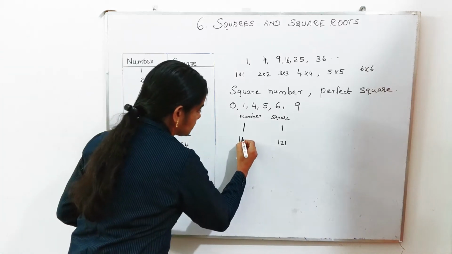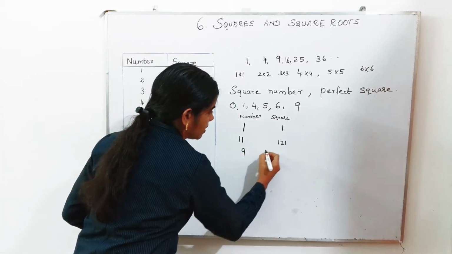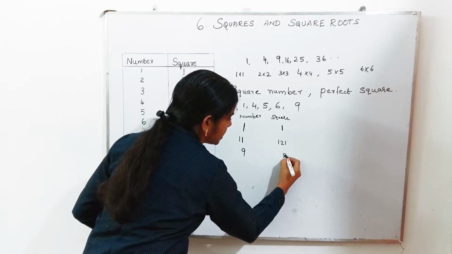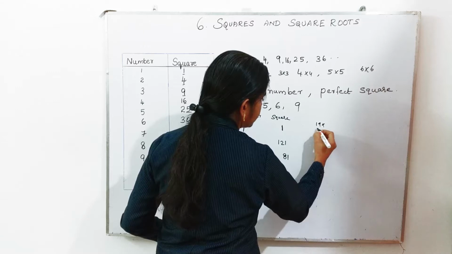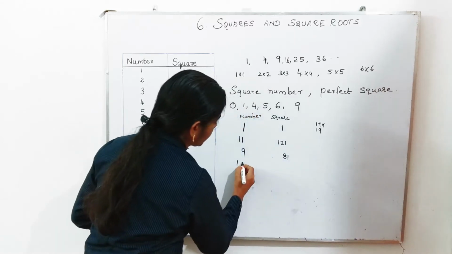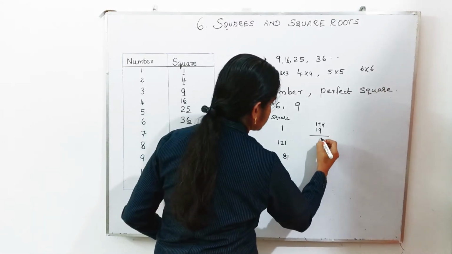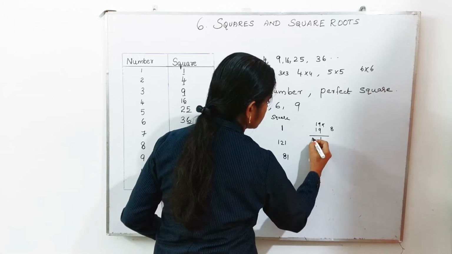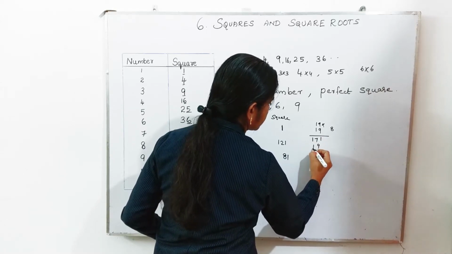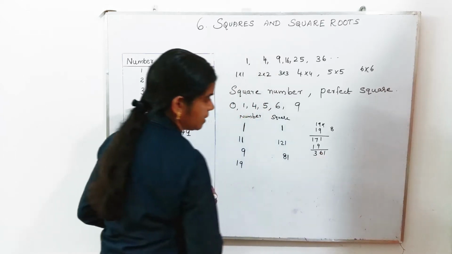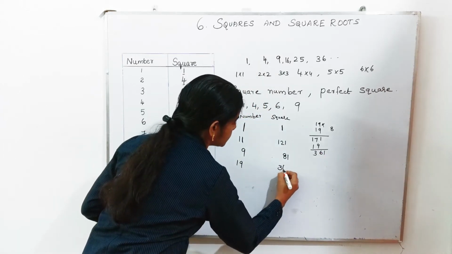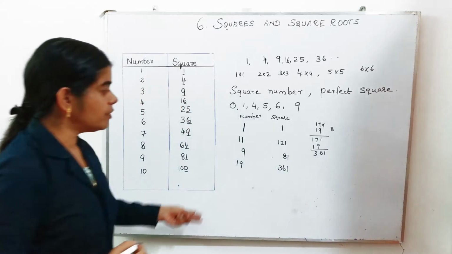Then I am writing 9. 9 into 9, 81. Next I am writing 19. What is 19 into 19? 361.